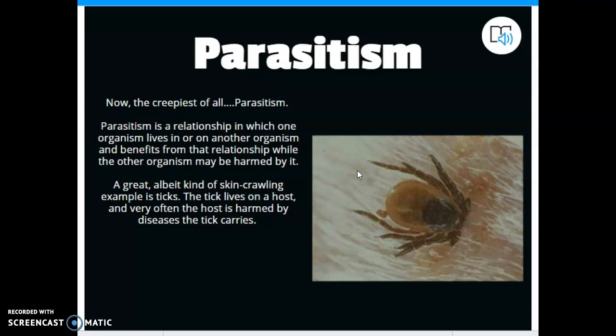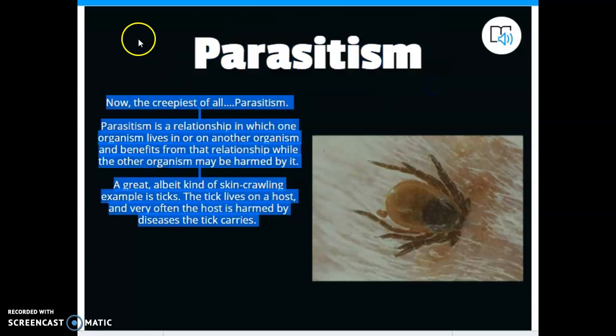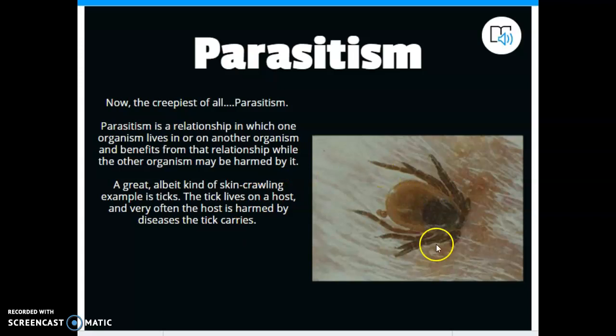He was out of disc golf for pretty much most of the end of last year, and he's just now starting to get better. Obviously, a lot better because he just won the last tournament, but it took a long time to get better because it was parasitism. Whoa, parasitism. Get off of there. The tick is benefiting, but the host is actually harmed in that relationship.